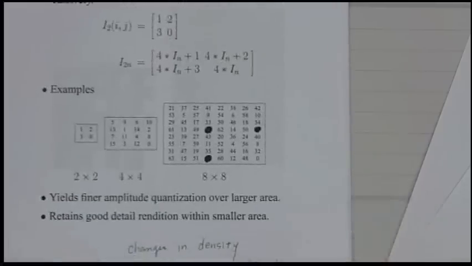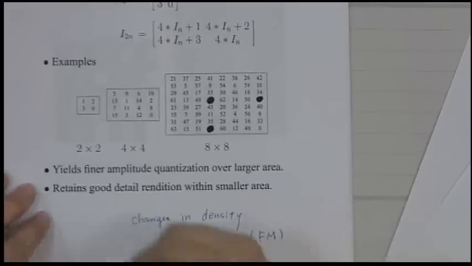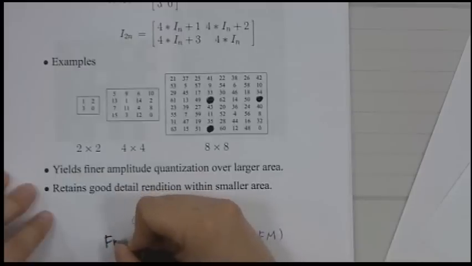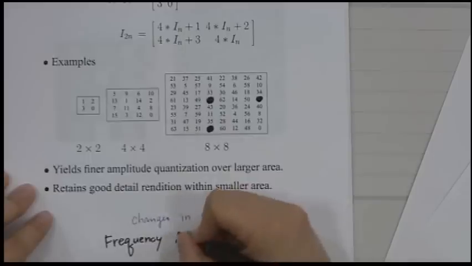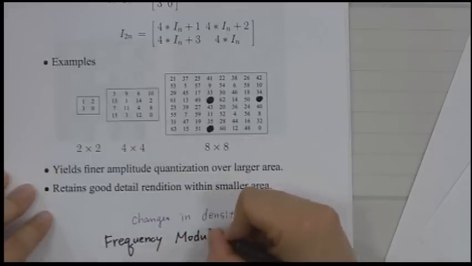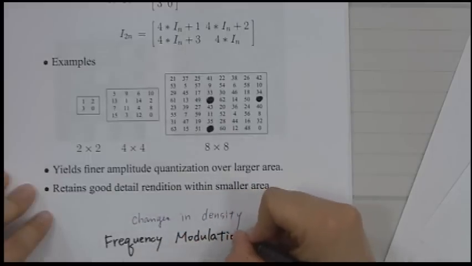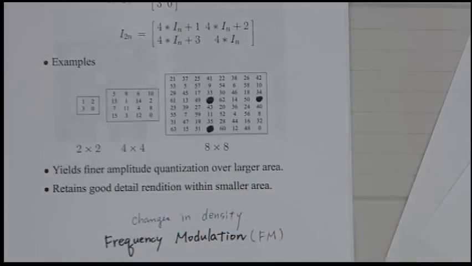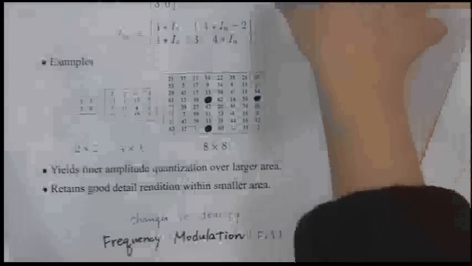This type of halftoning is called frequency modulation halftoning. And here are the results.